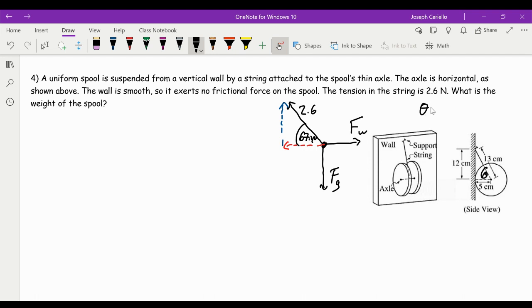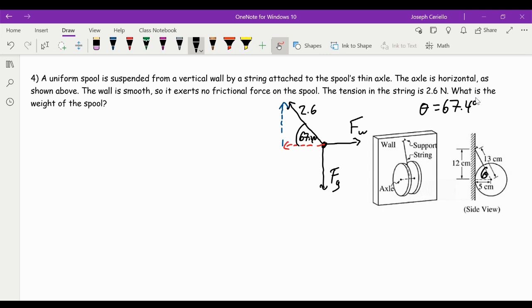Okay, so theta equals 67.4 degrees. Just give me a second to check that, because I don't always trust the way I do stuff on a calculator. All right, I think we're good there.